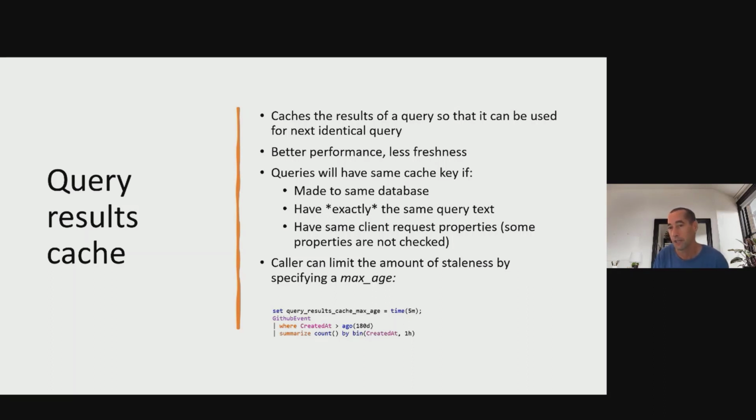It has to be going to the same database, and it has to have the same client request properties, whatever they are. For example, with weak consistency, which we just talked about, if one comes with strong and one comes with weak, it will not go to the same cache. So this is pretty much it. It's a super simple feature. So let's just look at it.